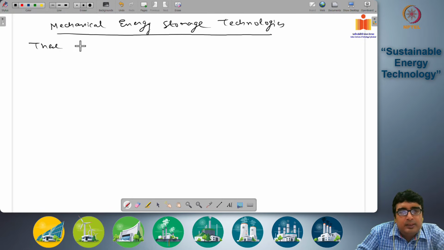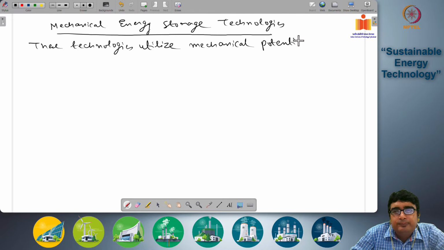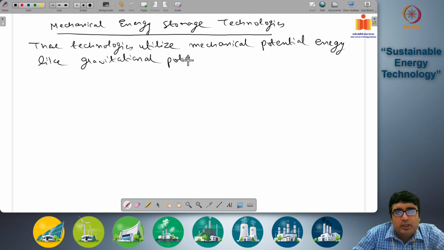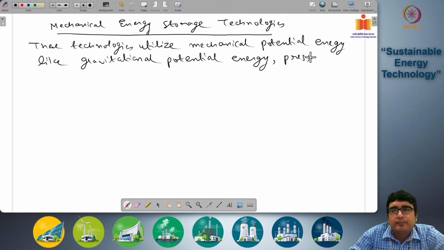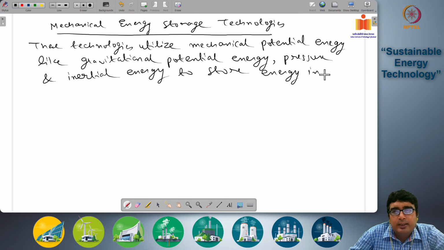So these technologies utilize mechanical potential energy like gravitational potential energy, pressure, and inertial energy to store energy in the chosen medium.